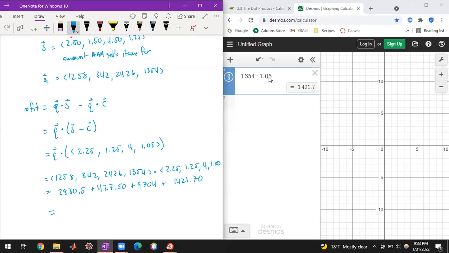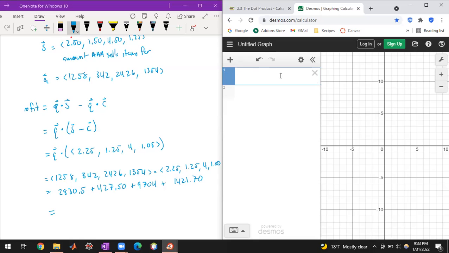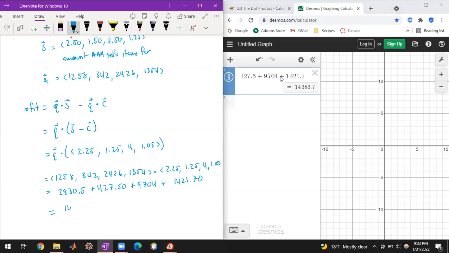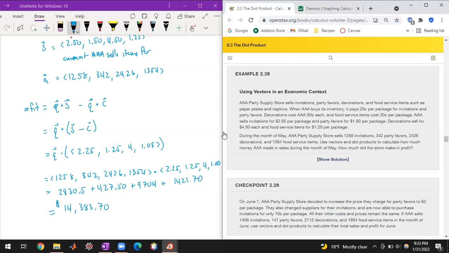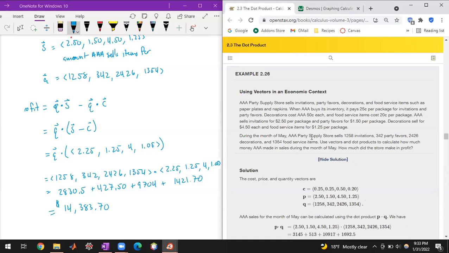So adding this all together, we see the profit made was $14,383.70. Pretty nice. Let's check our answer and make sure we haven't made a mistake.